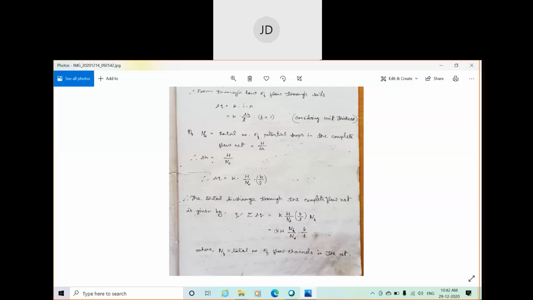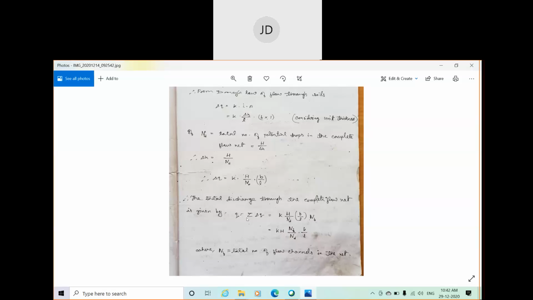Finally we get the standard formula of discharge through a flow net: KH NF by ND into B by L. Now as per the property of a flow net, we know the field is approximately square. So for a square field, L is approximately equal to B, so this term can be cancelled out.